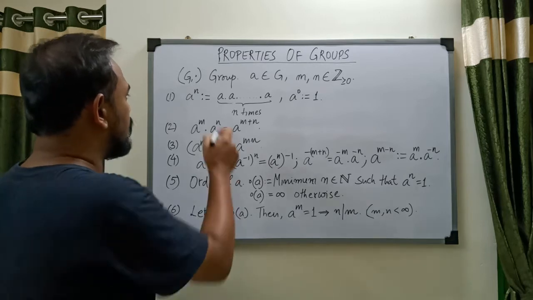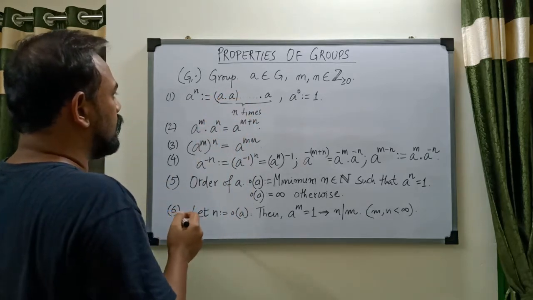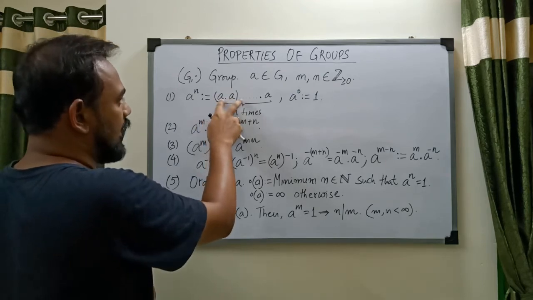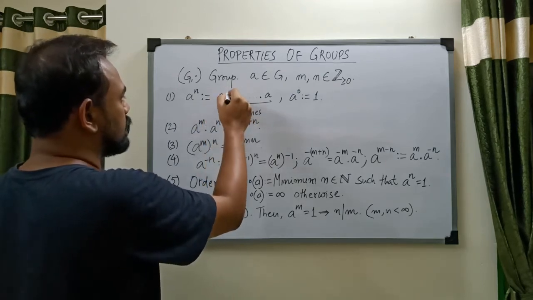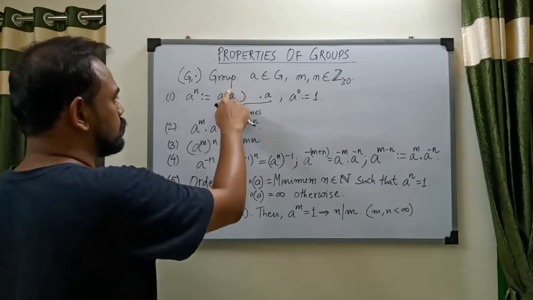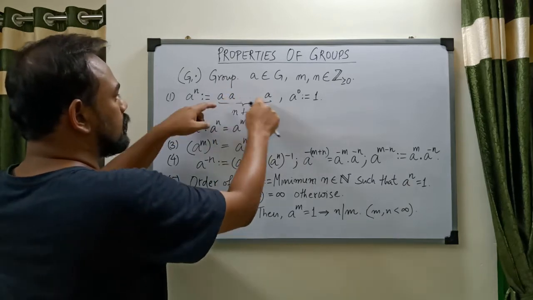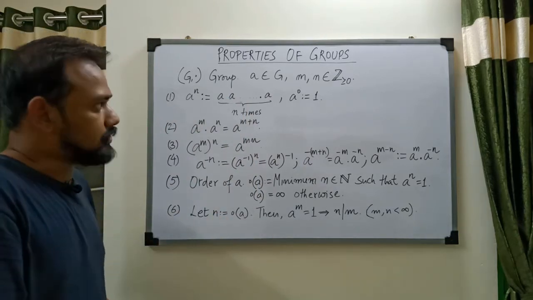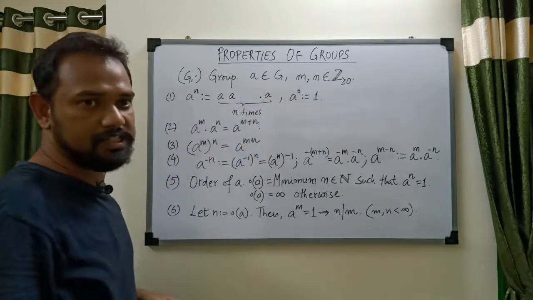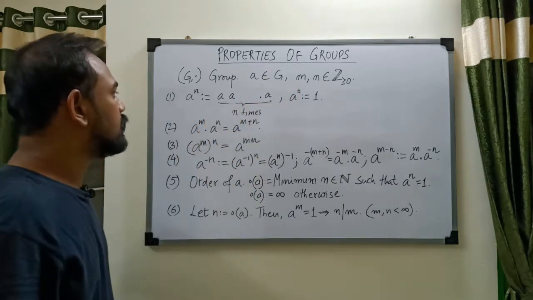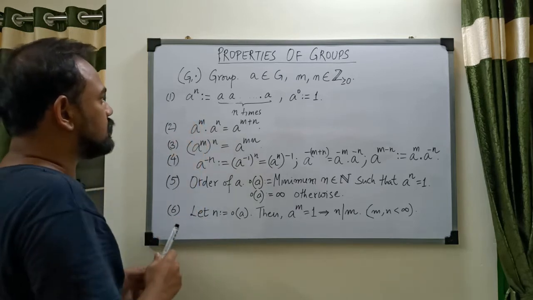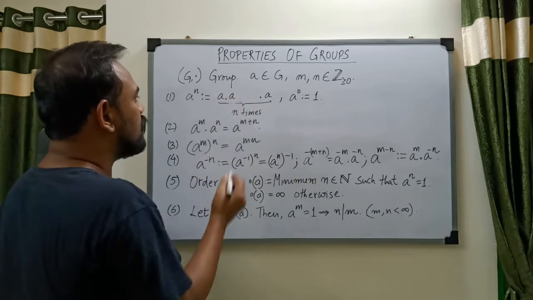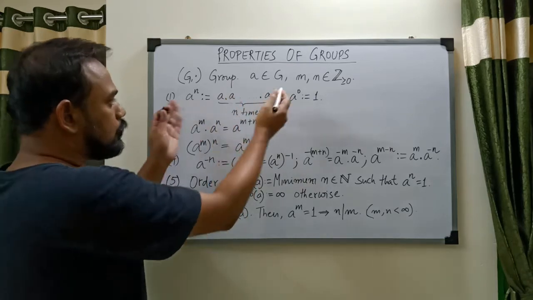In other words, it doesn't matter if you put a bracket here because you can first product these two and then the next one, or you can product this one and then product with this one. So it doesn't matter in which way you product these n a's, they always come out to be the same because we live in a world where associativity is true. Okay, because we are in a group. So a to the power n, or raised to the index n, would be defined a times a, all this goes up to n times.